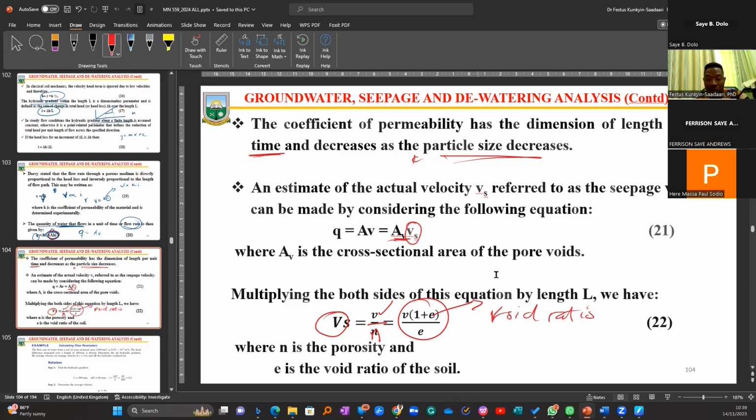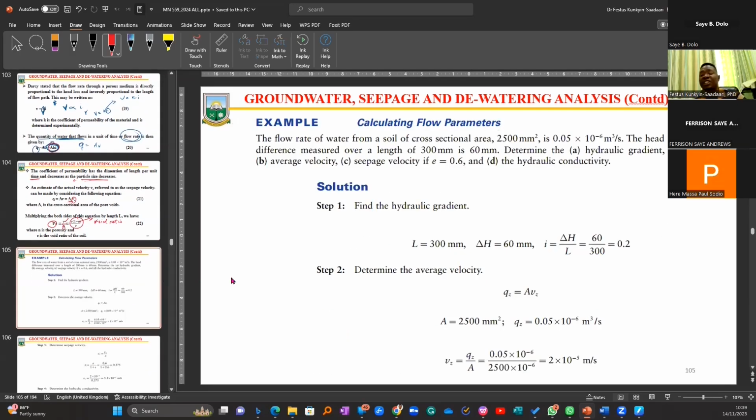And so once you know this expression, then we can play with this small question and see whether the understanding is there. So it says that the flow rate from a soil of cross-sectional area. You see, because we may be asked to calculate quantity of water, the flow rate, they are telling us the area.